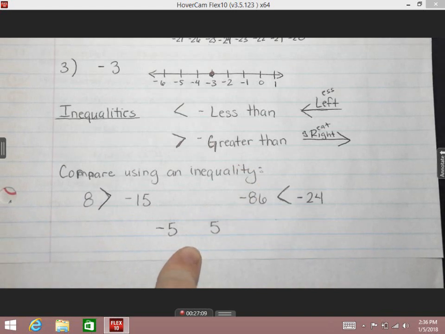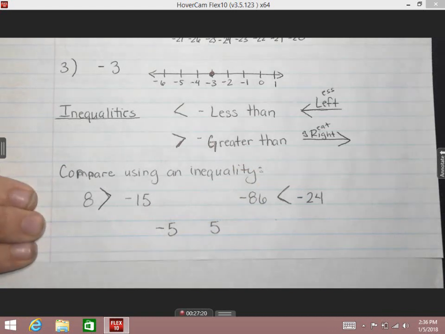Negative 5 and 5. What symbol do I need to go there? Negative 5 and 5. What symbol do I need? Sean? What symbol do we need?